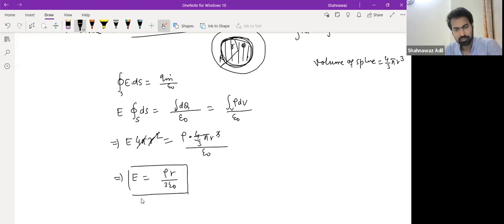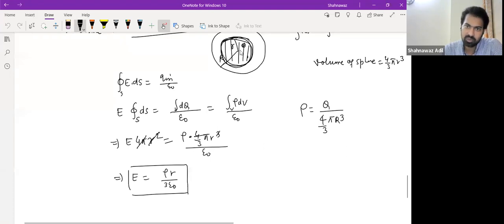Understood? Yes, guys, understood. You guys know that this charge density is uniform. So this charge density would be Q by the total volume, 4 pi by 3 R cube. This volume charge density is uniform, so whatever is the total charge density, that would be equal to this. Did you guys understand this part?